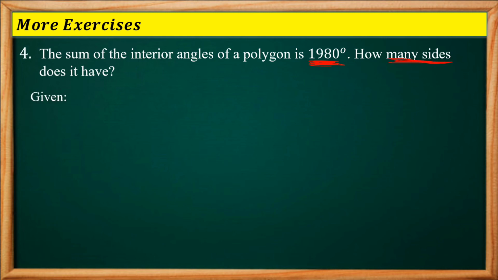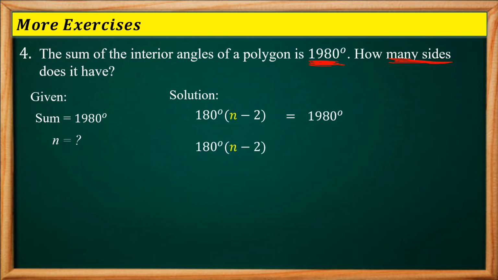Okay, our given, the sum is 1980. Then the number of sides is unknown. Okay, solution. Using our formula, okay, remember, this would be the formula in finding the sum of the interior angles of the polygon. Okay, therefore, the formula is equal to 1980 degrees.